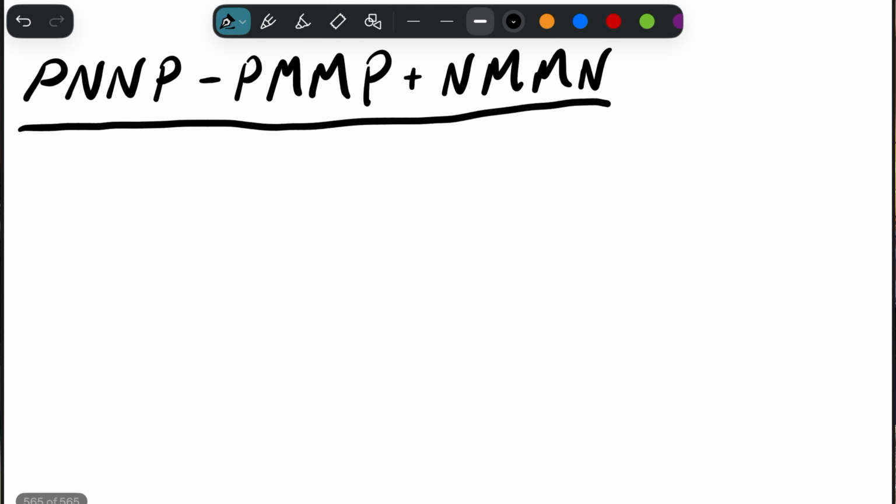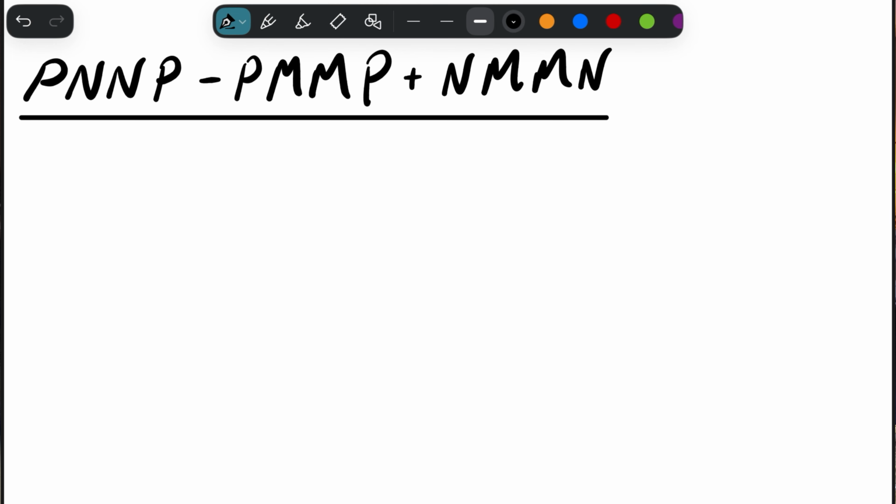It's PNNP minus PMMP plus NMMN. It's just that. That's the entire thing. You can use this for any example of a curl of a vector. It's pretty cool, pretty simple.